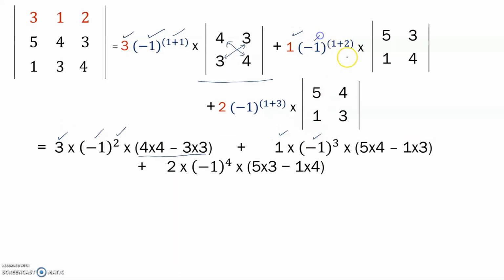times (-1) to the power 3 multiplied by the determinant of this matrix, which is 5 times 4 minus 1 times 3, plus 2 multiplied by (-1) to the power 1 plus 3 multiplied by the determinant of minor 2, which is 5, 4, 1, 3.